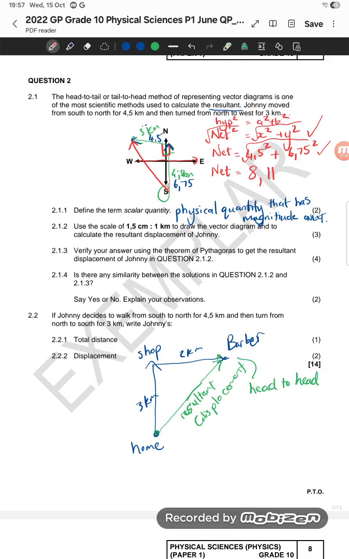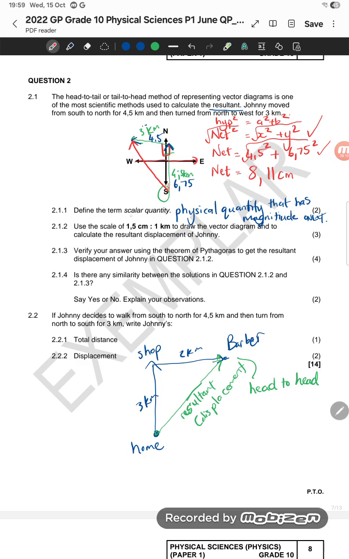Let me just pause and make sure. Yep, 8.11. Now you're not really actually done, because it's 8.11 centimeters. Every centimeter, what's the scale? 1.5 centimeters is 1 kilometer.